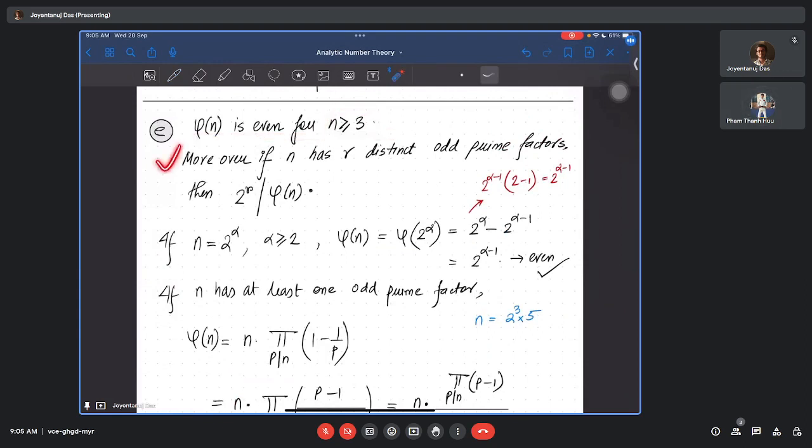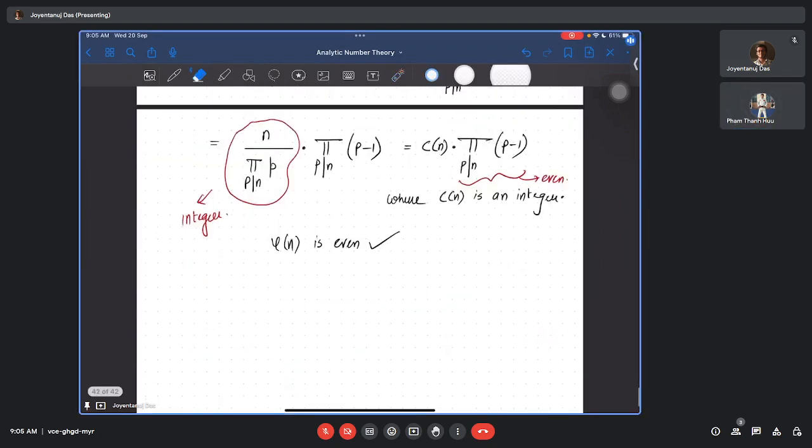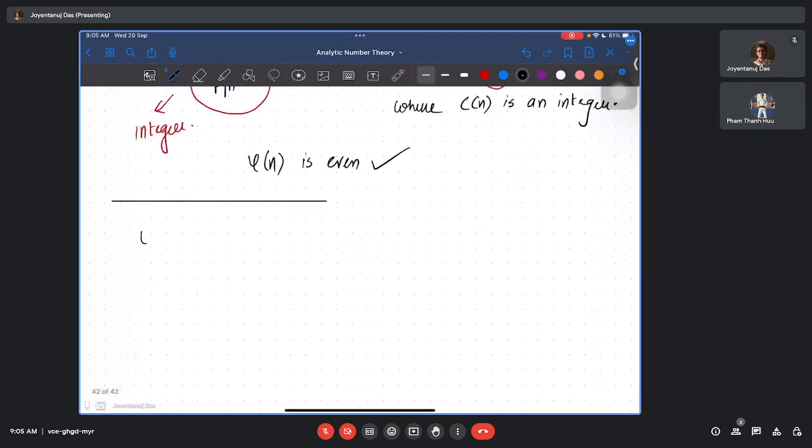Now we have to prove the second thing, that if moreover n has r distinct odd prime factors, then 2 power r divides phi of n. That also follows from here. So the second part is, I can write phi of n as c of n times the product over p dividing n of p minus 1.